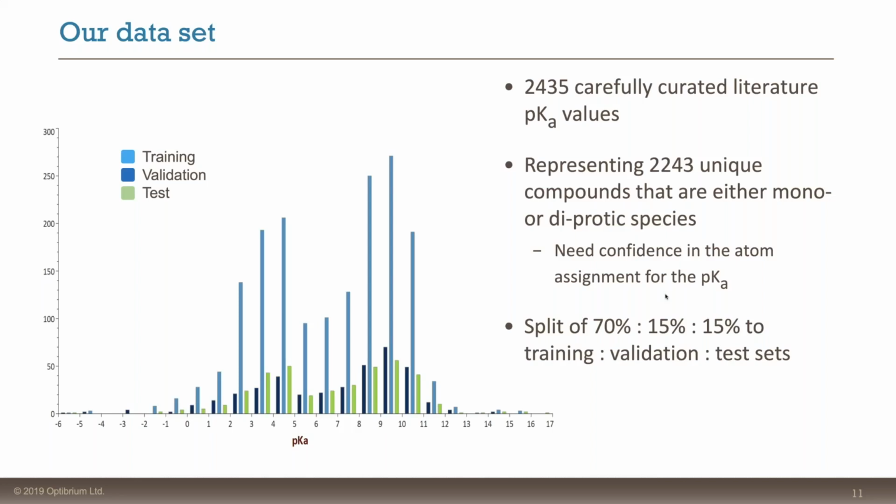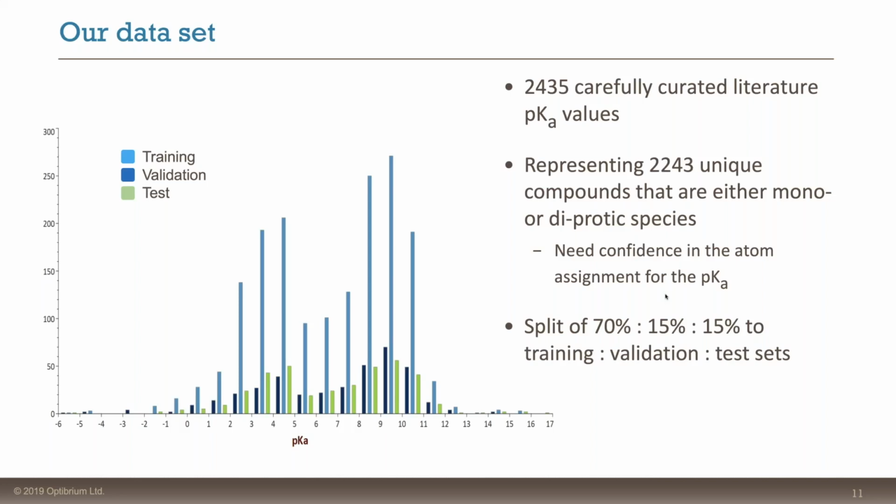Those diprotic compounds can be diacids, dibases, or zwitterions. The reason that I put carefully curated in there is because of the way that we've built this model, which is very atom-centric. We need to know with confidence which atom is actually losing or gaining the proton.